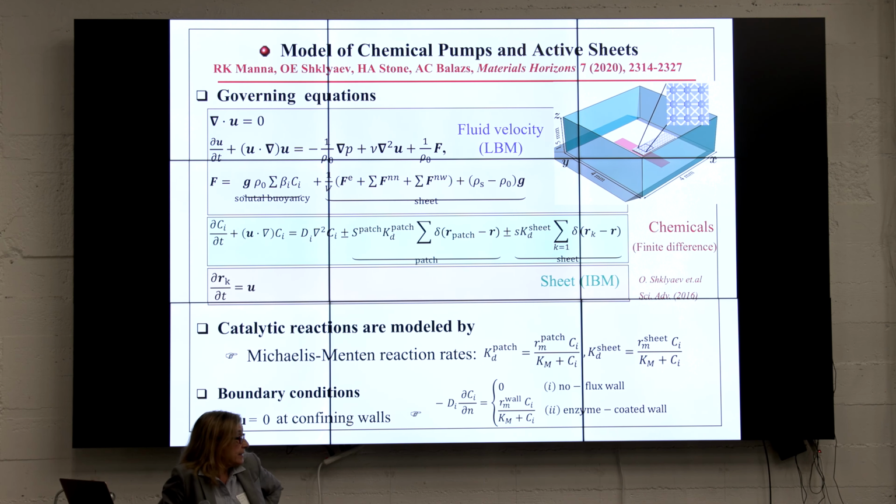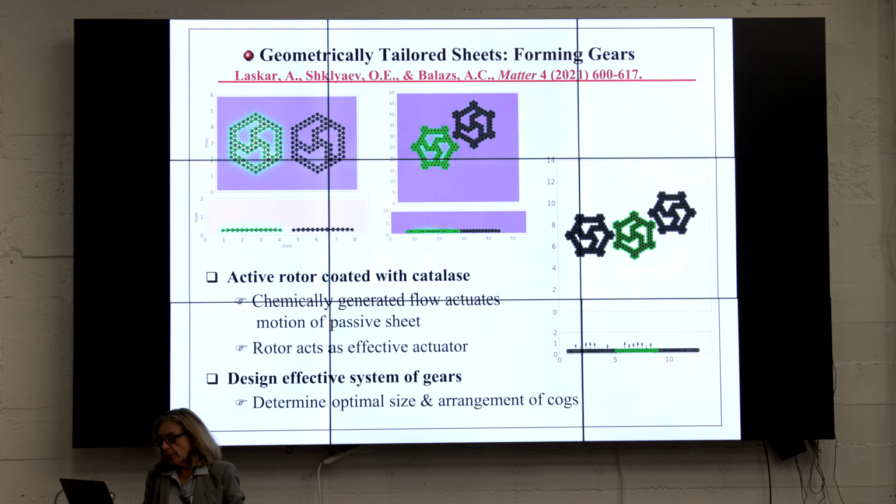So here, the catalysis is modeled by the Michaelis-Menten equation, and those reaction rates do have information about the particular molecule that you're looking at. But quickly, one is just the Navier-Stokes equation, then the other one is the gradients in chemical concentration, and the nodes of the sheets move. So that's what all these equations are.